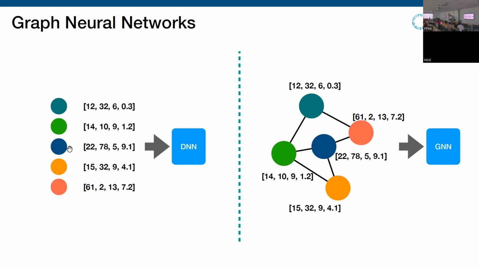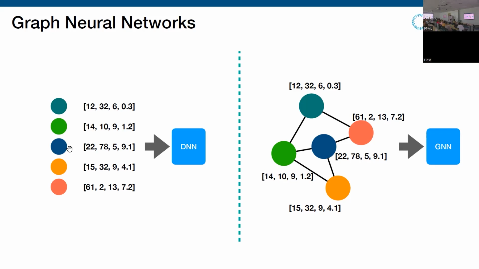So for graph data, each node, which is also a sample, has its own features, just like the previous case. But we also have the connections among different samples. Think about this as a social network, a friend network.